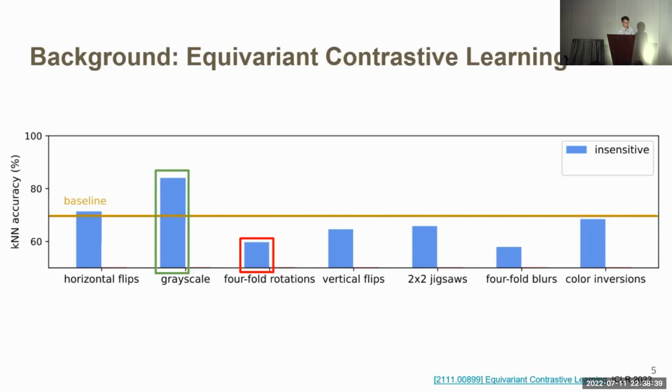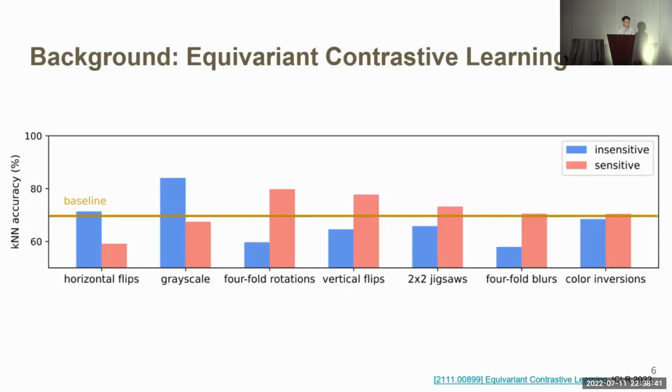Now let's consider the opposite case. If we try to make the representation be sensitive to this augmentation, which means if we have different augmentation, the representation should be different as well. In this case, if we make the representation be sensitive to grayscale, the performance becomes worse than the baseline.